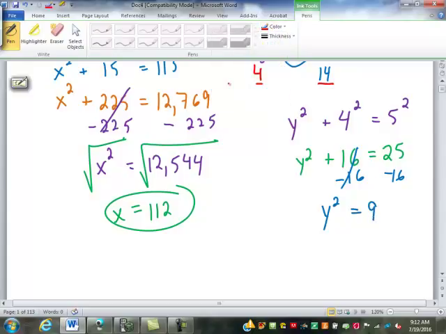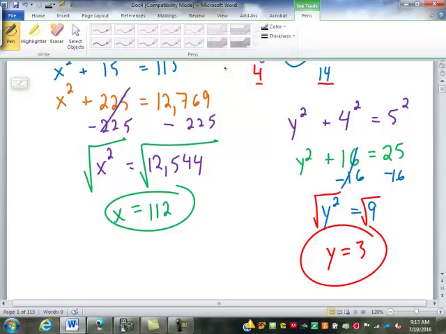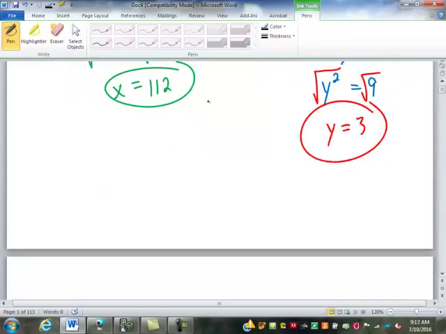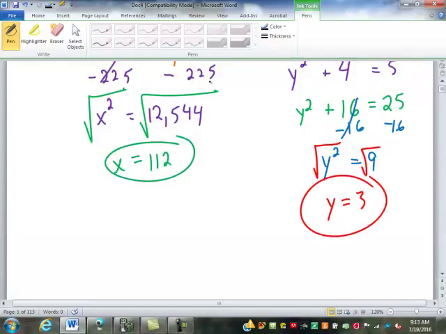And then the square root of y squared is y. The square root of 9 is 3. So the length we are looking for there is 3. Questions?